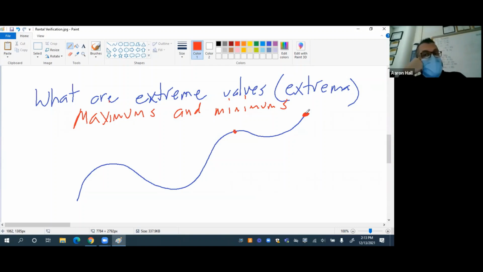And so there has to be some verbiage to differentiate the most maximum from other maximums that are defined just by looking at the points around it. And there is: this point right here, we would call the absolute maximum.